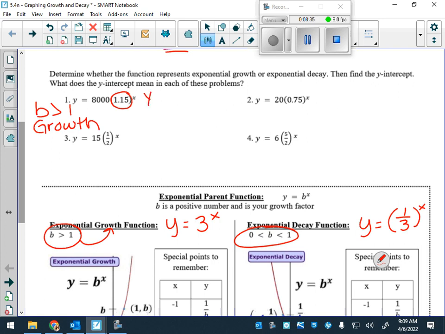So I would plug in 0 for x. 1.15 to the 0 is what? 1. 1 times 8,000, 8,000, which would be your y-intercept.